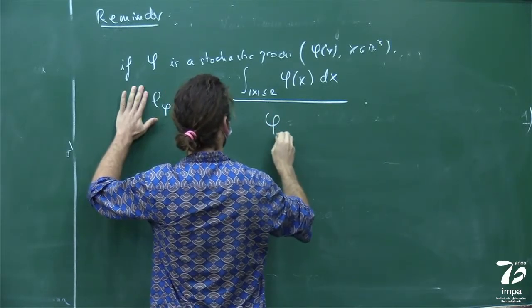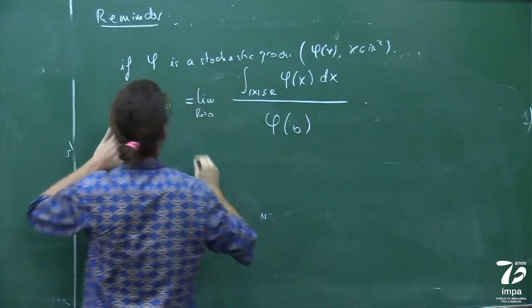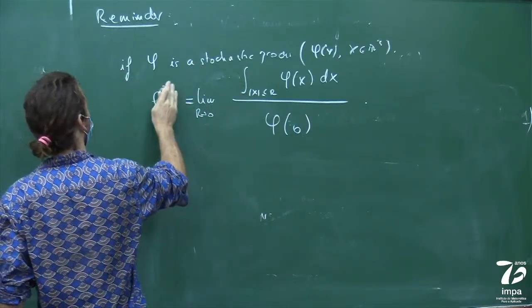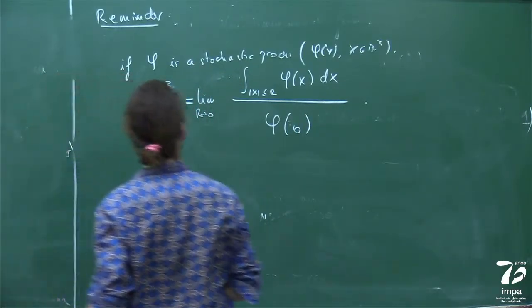So I need to divide it by phi 0, and I need to take the power cube here.